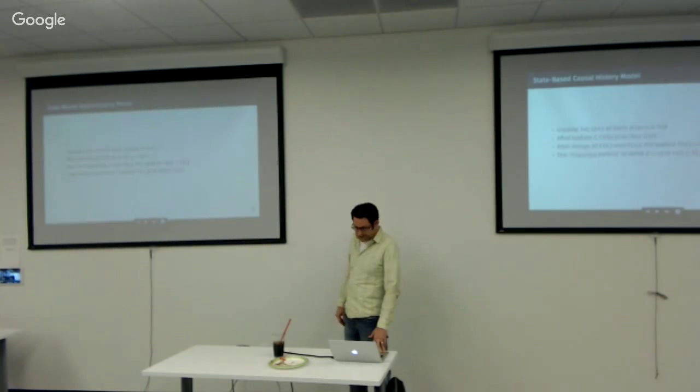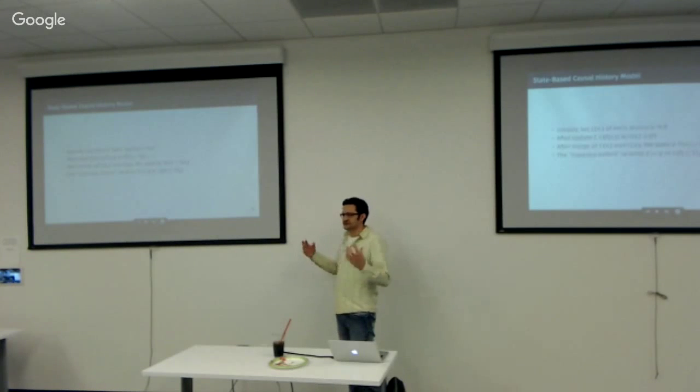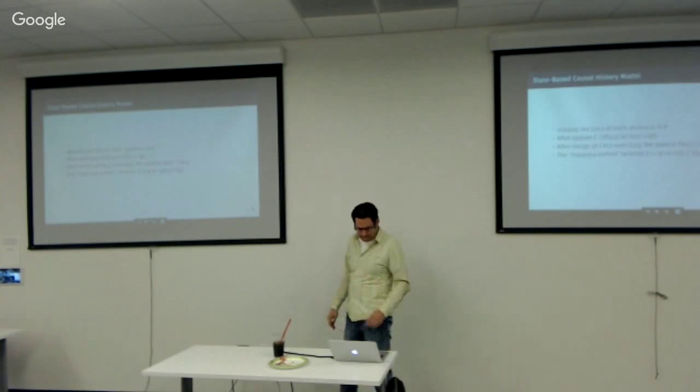Okay, so here we have a causal history model. So basically what all this math stuff is that the C of x sub i is a set, and it starts as the empty set. And the idea of this set is it's going to collect all the operations that have happened so far.